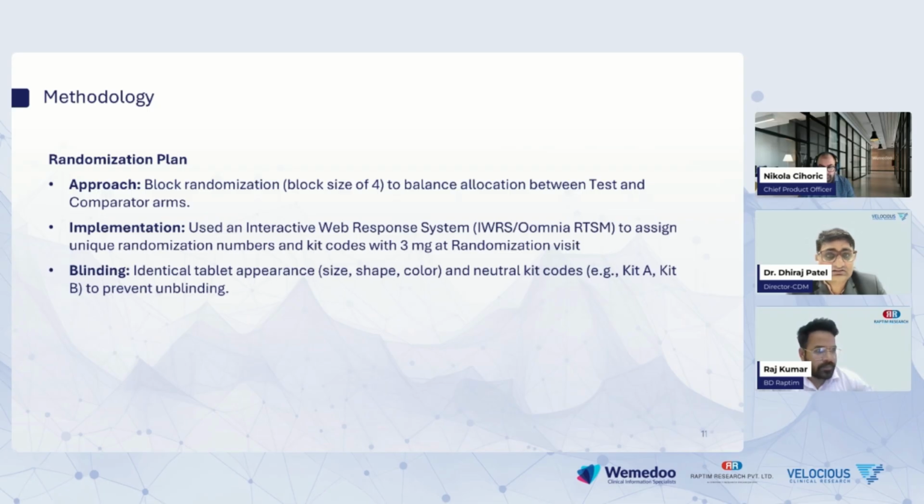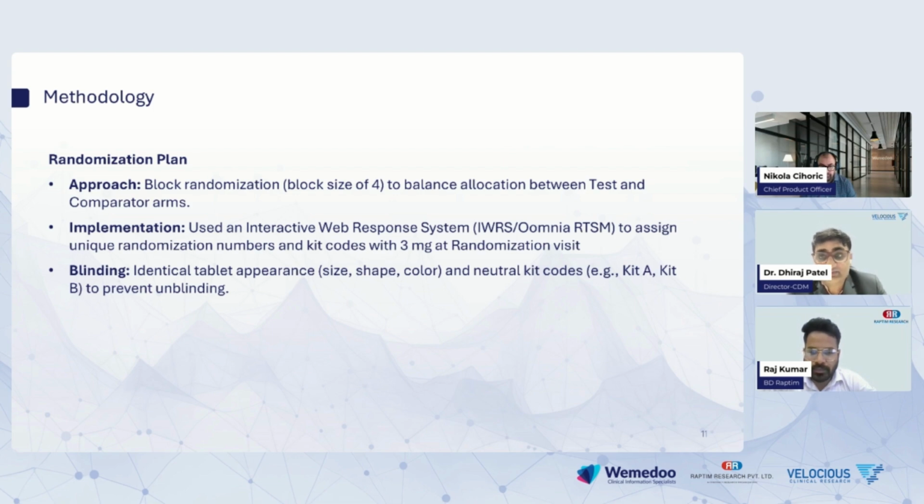We implemented the system to assign a unique randomization number and kit, and by default, the system starts assigning the 3mg kit from the randomization visit. Stock could be available at the site up to 7mg or 14mg, but by default, according to the visit selection, the system should give the appropriate dose at that visit.